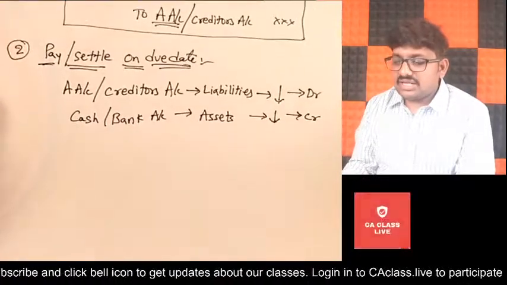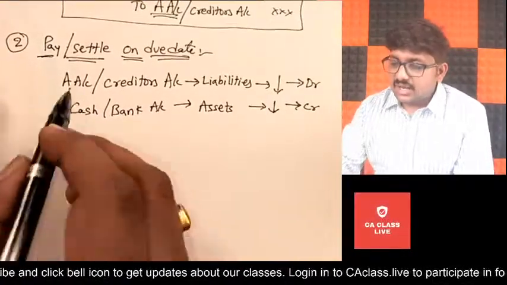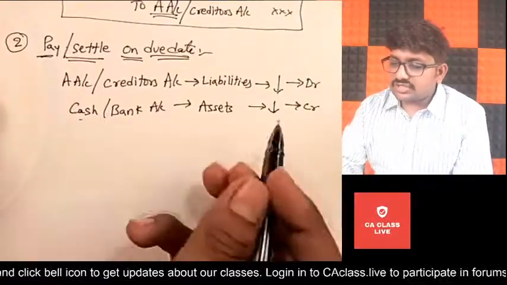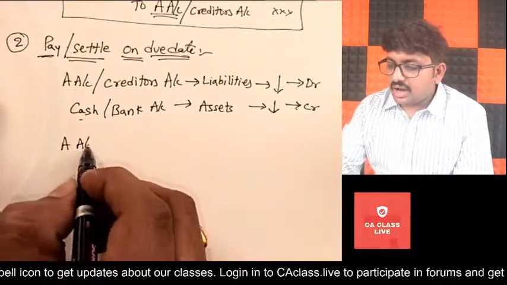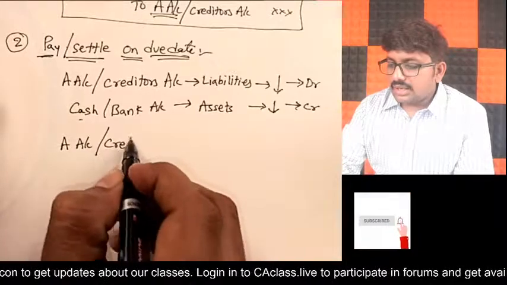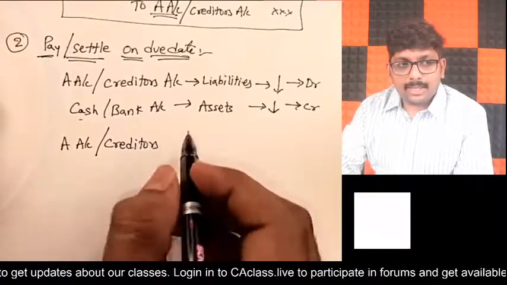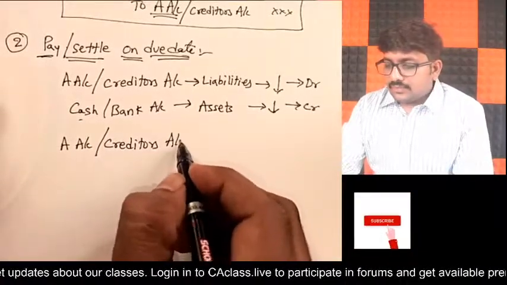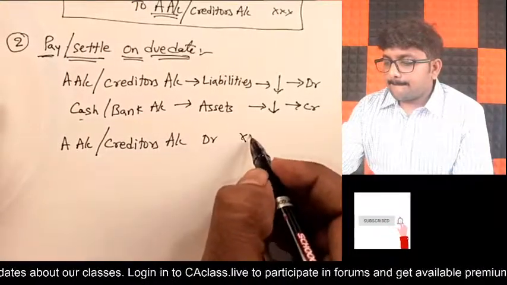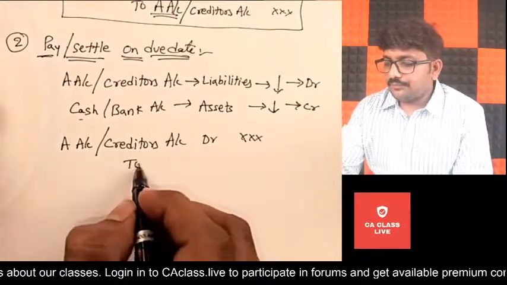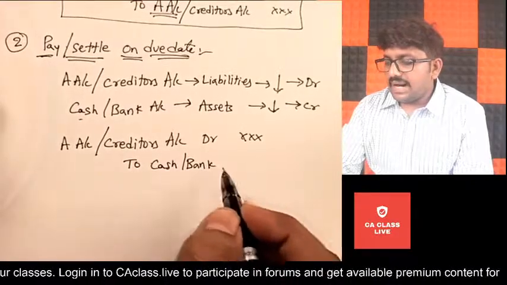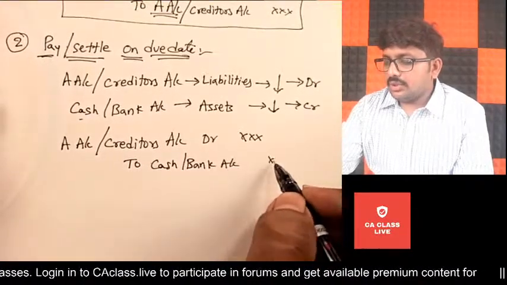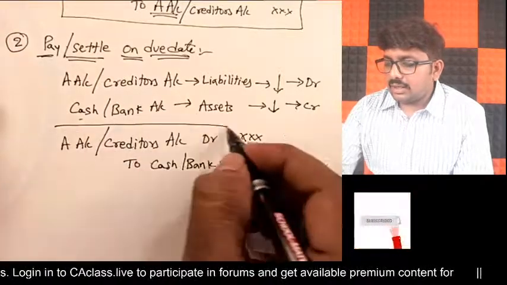So what will be my journal entry, my dear friends, in this case? Cash or bank account has to be credited, A's account has to be debited. So journal entry will be: A account or creditors account debit, to cash or bank account.